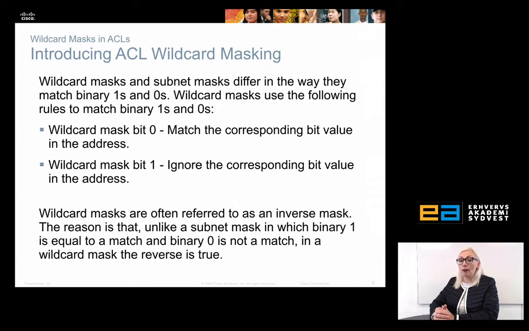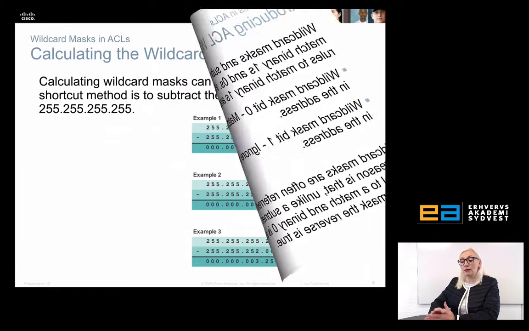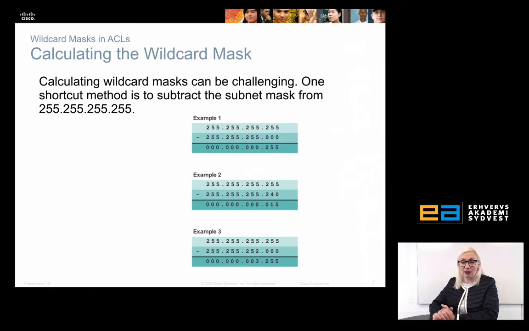If it's 1, then we will ignore it. So basically, the wildcard mask will be the opposite, or the inverse, of the subnet mask. The way that we can calculate it is that we take 255.255.255.255 and subtract the subnet mask from that. Then we will find the corresponding wildcard mask.